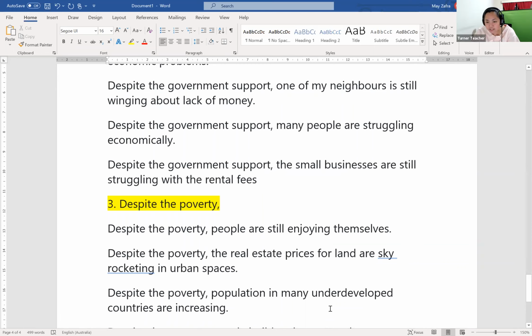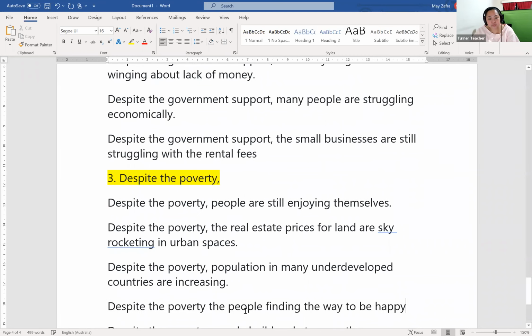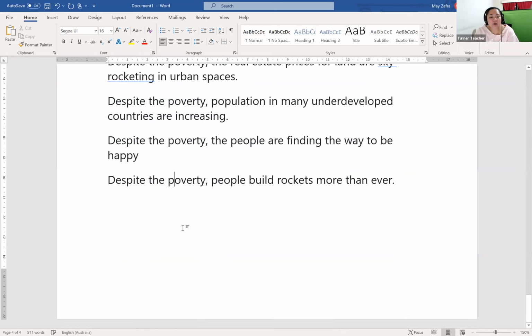Despite the poverty, the people are finding the way to be happy. Yes. That's true. Beautiful. Okay. Now, everybody, let's go to our in spite exercise.